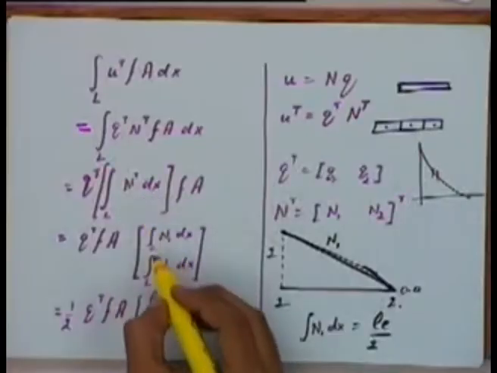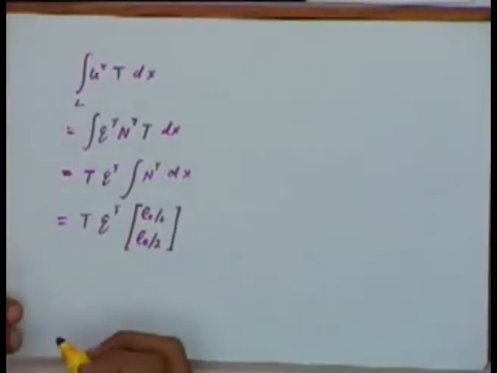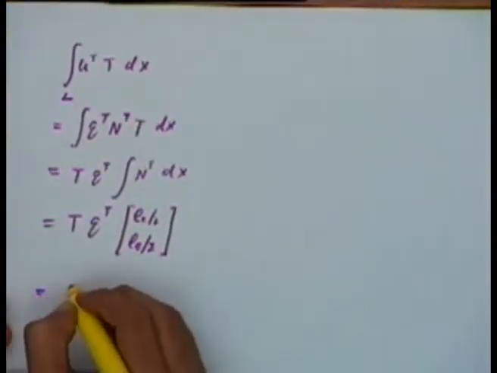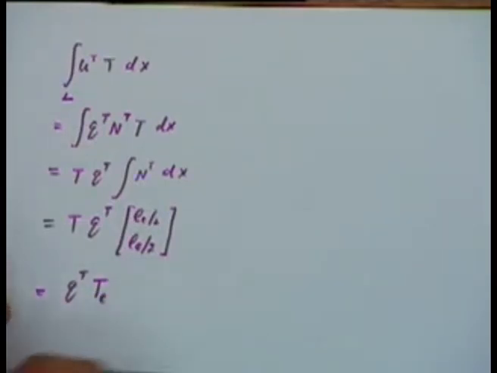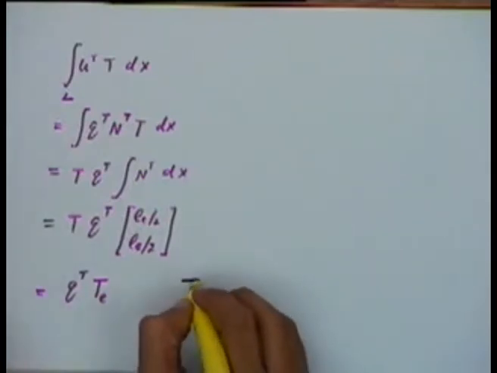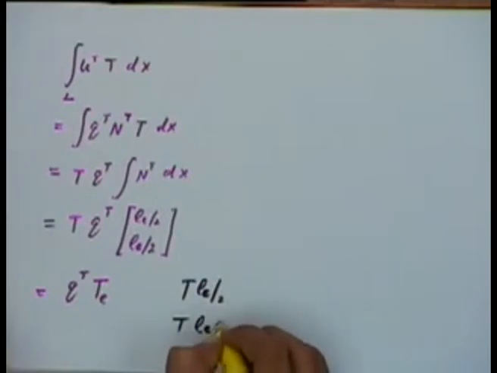Integral of n transpose dx is what we get here, the same expression I am using there. So I'll say this is equal to q transpose into te, where te is nothing but t into Le by 2 and t into Le by 2.